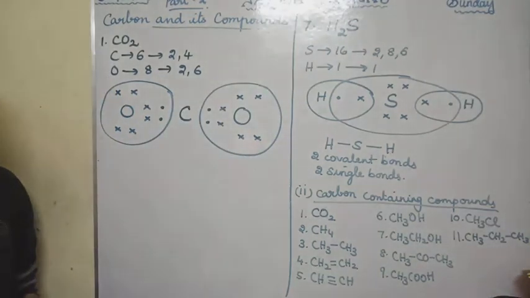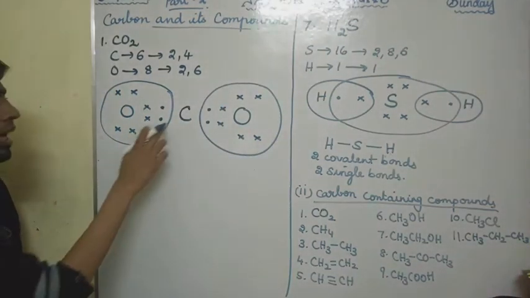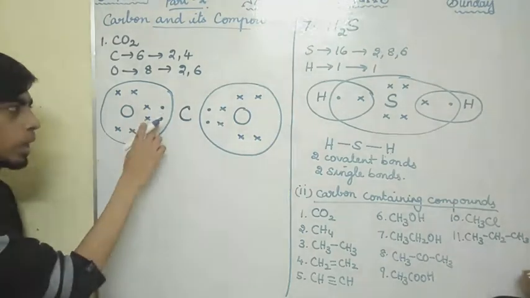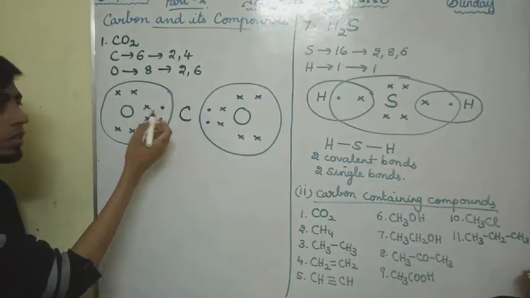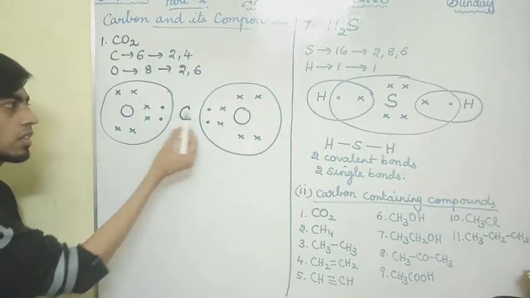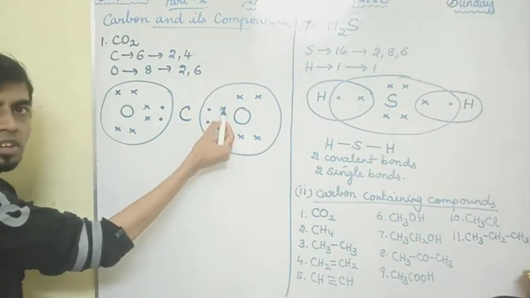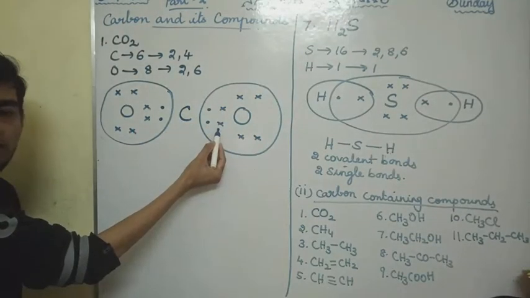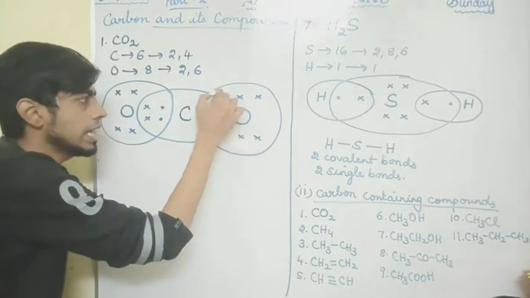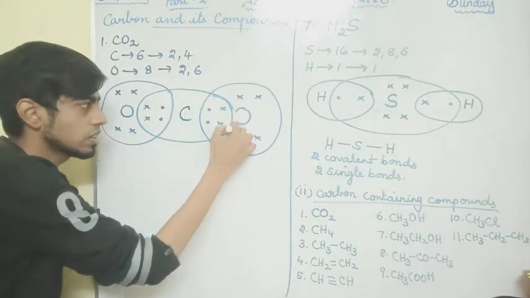So we have to circle for this oxygen. Now coming to this carbon, already it is having how many electrons? 1, 2, 3, 4. So 5th electron from this oxygen, 6th electron from this oxygen, 7th from this side oxygen, and 8th electron from this side oxygen. So totally you have to circle 8 electrons for carbon.